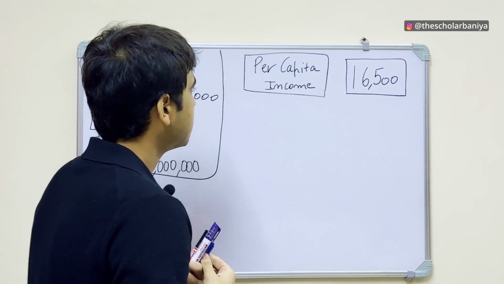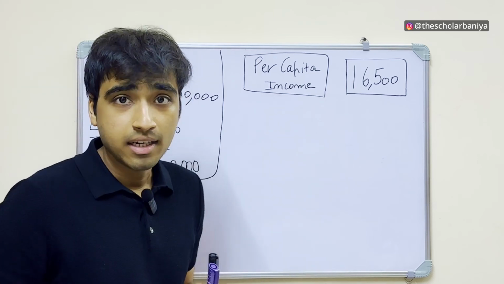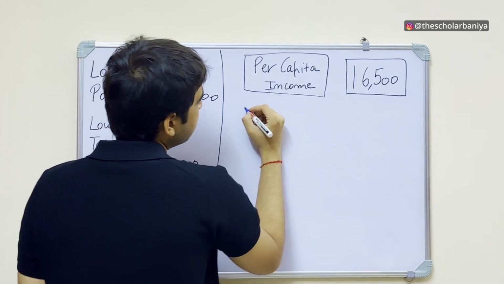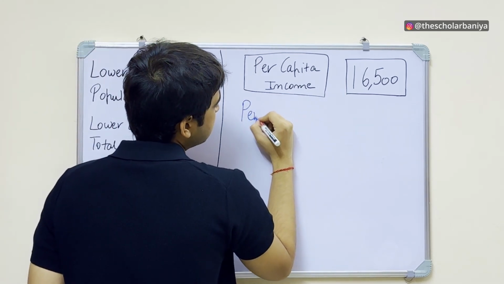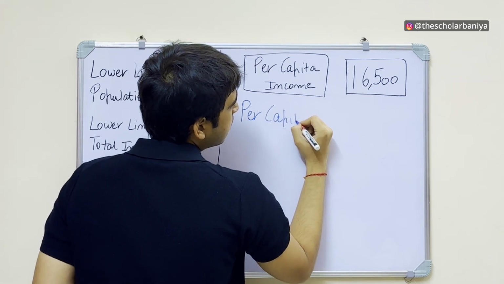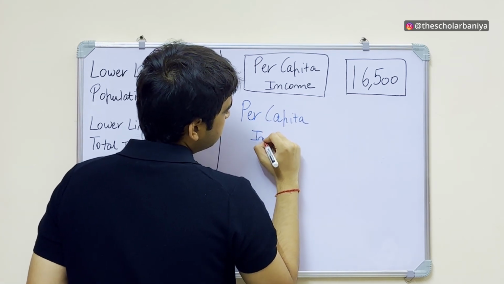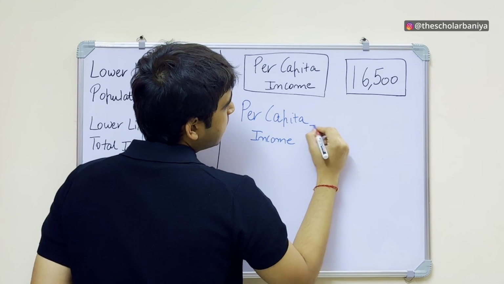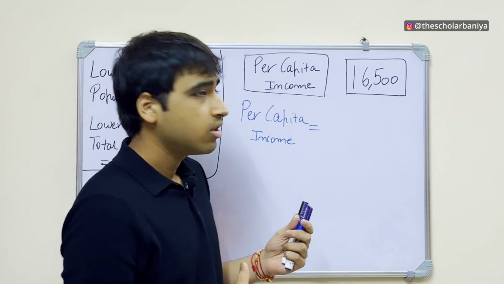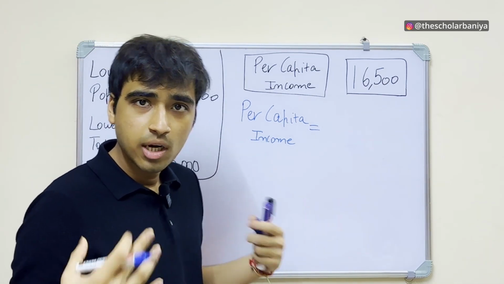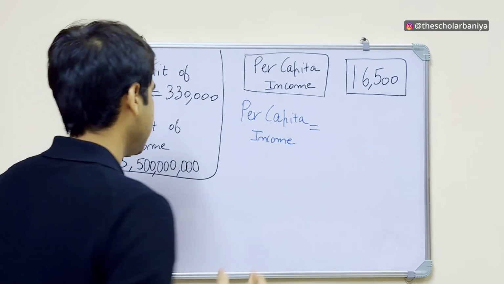So tell me one thing firstly, what is per capita income? I hope this is pretty basic. The per capita income is equal to the total income upon the total number of people living in that region, basically, right?